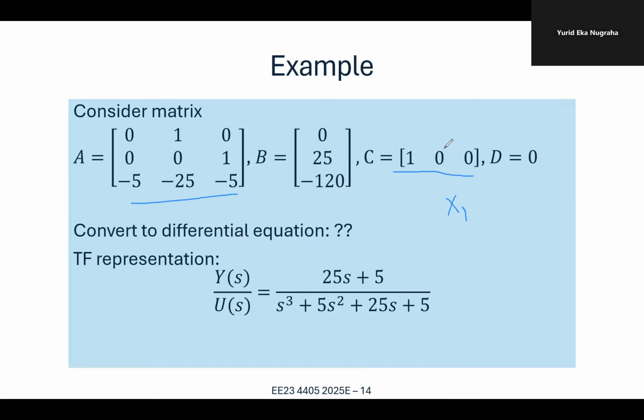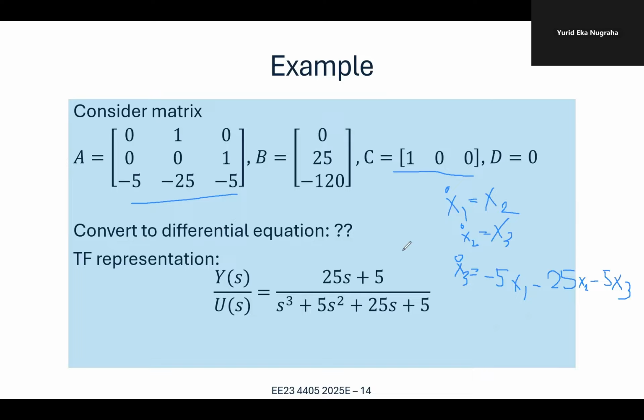And then x3 dot is minus 5 x1 minus 25 x2 minus 5 x3.